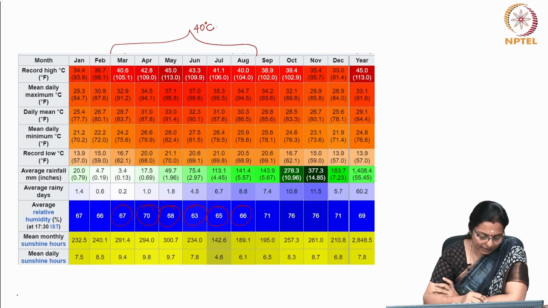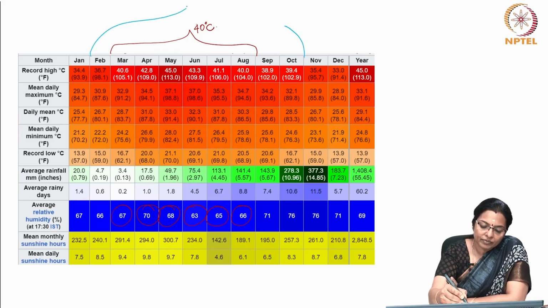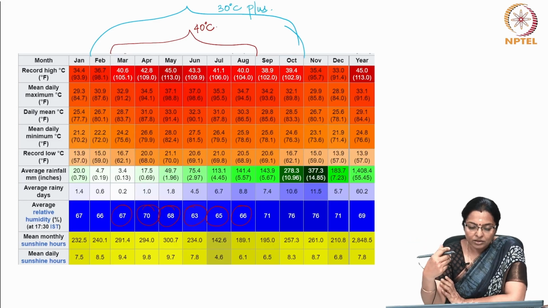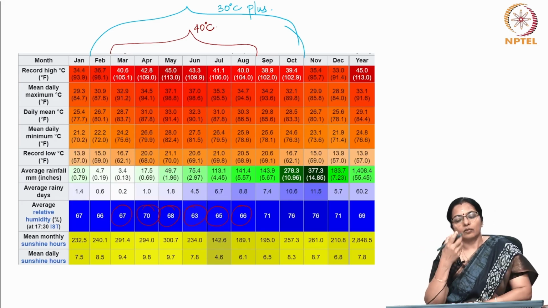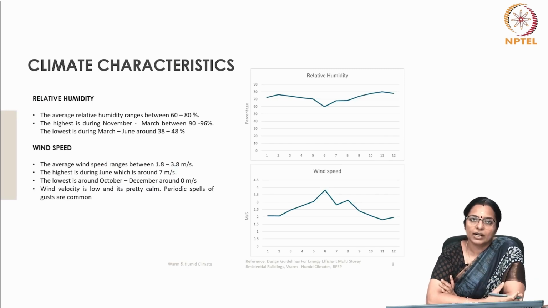Also, you can see that the mean daily maximum temperature for a large part of the year is above 30 degrees centigrade, 30 degrees centigrade plus. So this high temperature in combination with the high relative humidity makes this place very sultry, sticky, and you tend to sweat a lot.